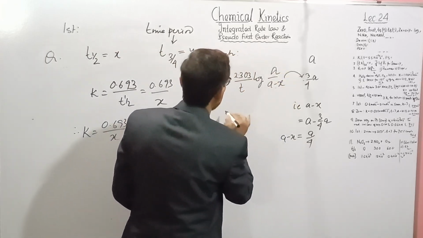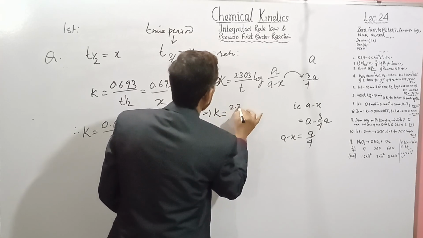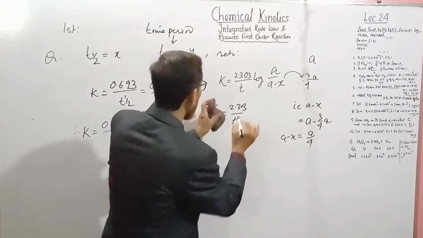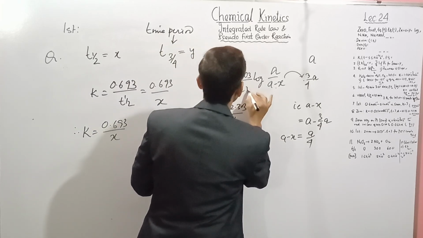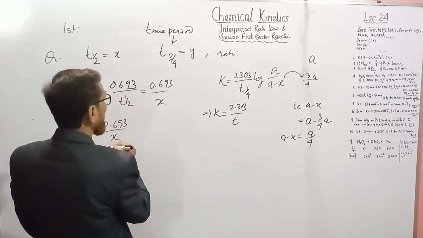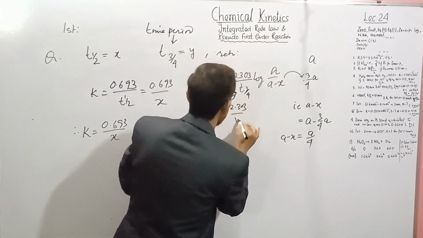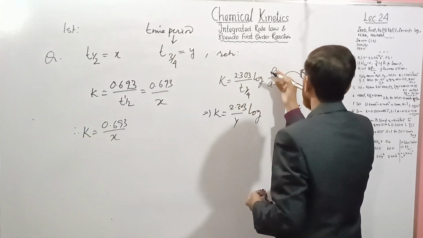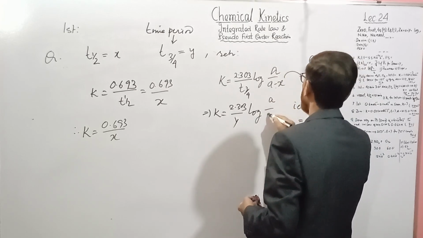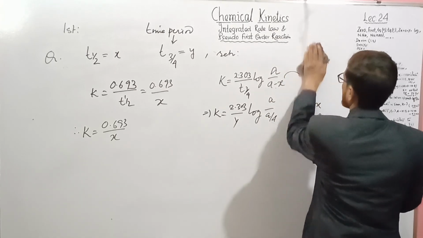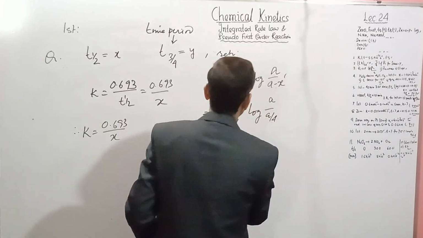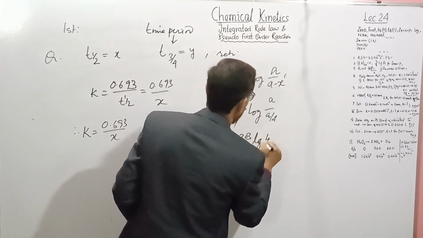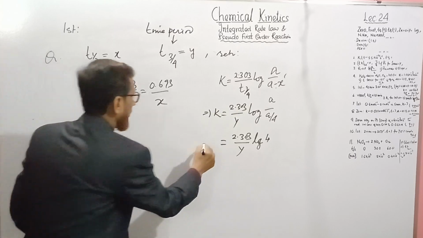A by A minus x is equal to 4, and that is T 3/4. Am I right? It is T half equal to X. T 3/4 is equal to, as per our condition, Y. It is supplied. So here log A is A and here is A by 4, so what we get here is K is equal to 2.303 by Y log 4.